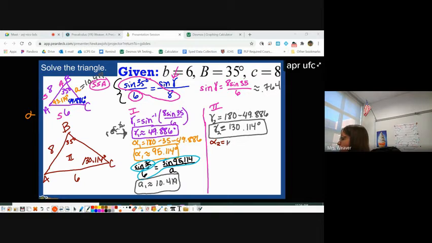So 180 minus the 35 that was given minus the 130.114 that we just found gives us our second option for alpha, which is 14.886. Is that what you got?